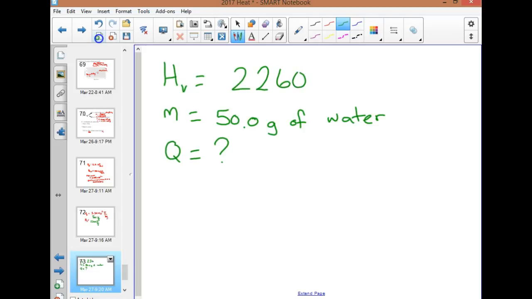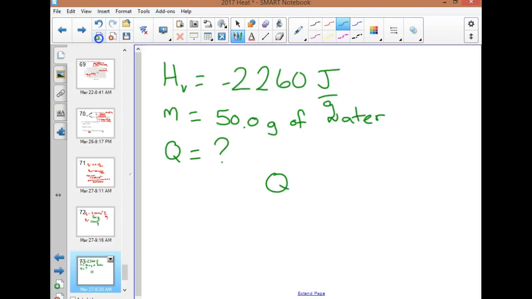This needs to have a negative in front of it because it's condensing. The other clue that alerts you to a negative value is it says how much energy is released to the environment. That means that the water is losing heat energy to the air.